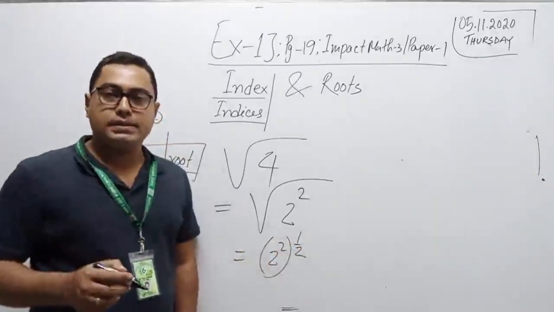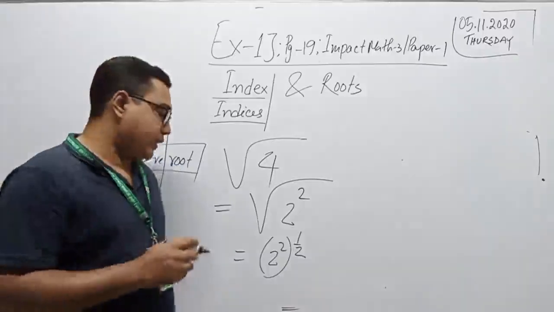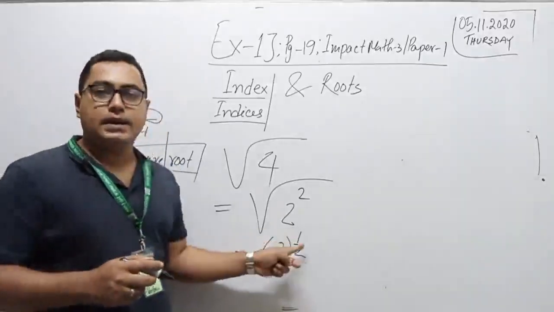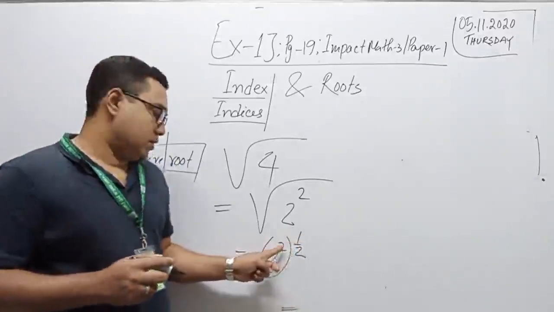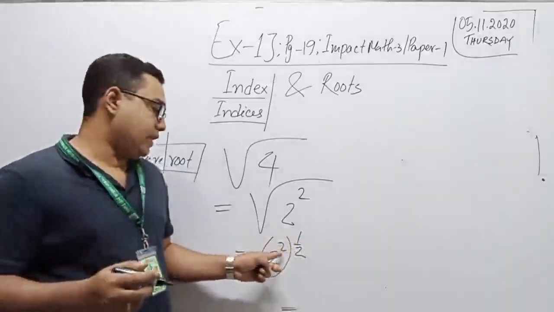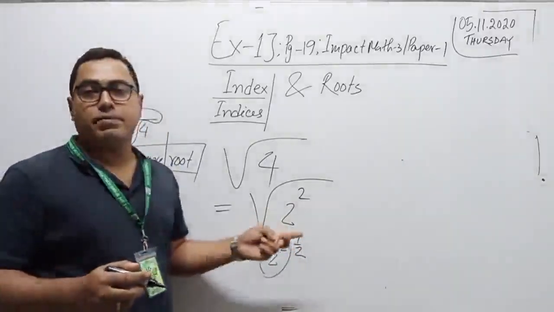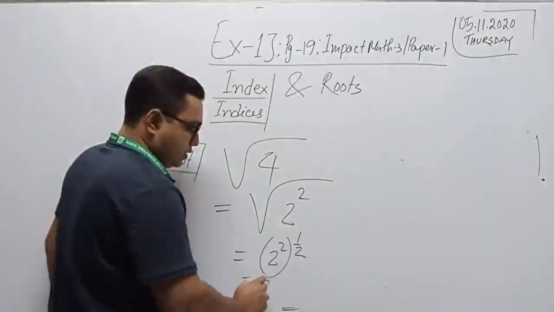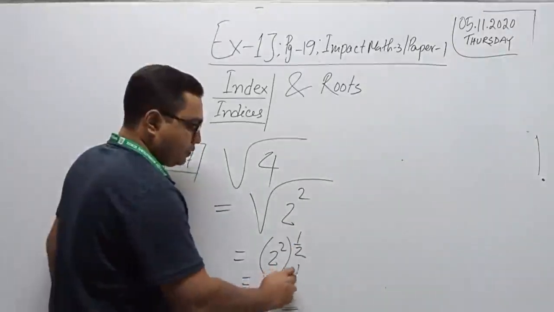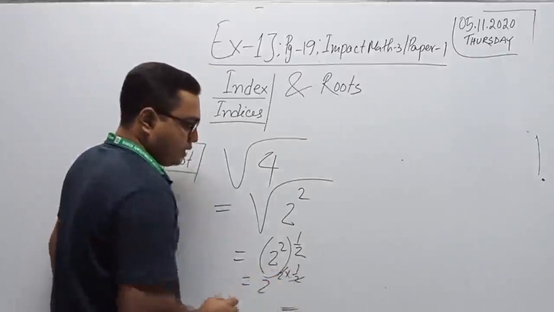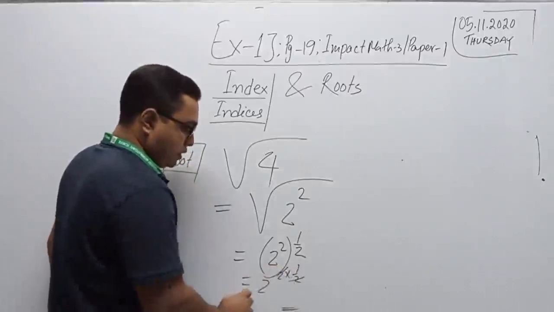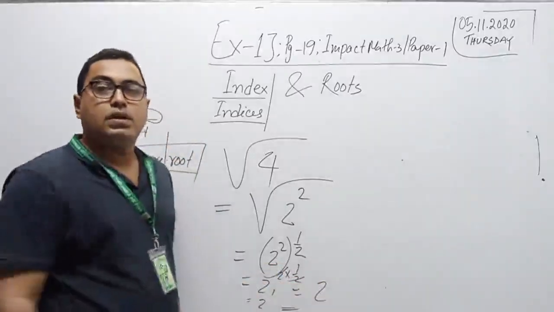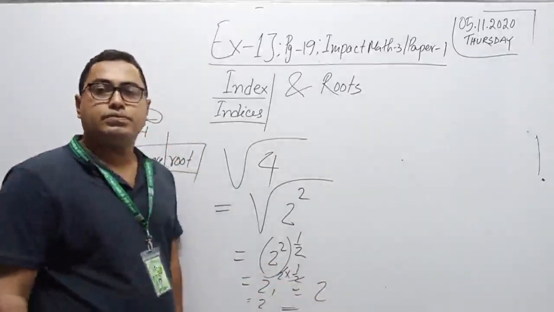For index, we know if you have an index on another index, traditionally, if you have a power on another power, then the powers will be multiplied with each other. 2 to the power of 2 into half. 2 to the power 1, that is 2.